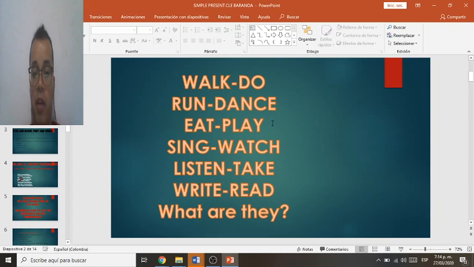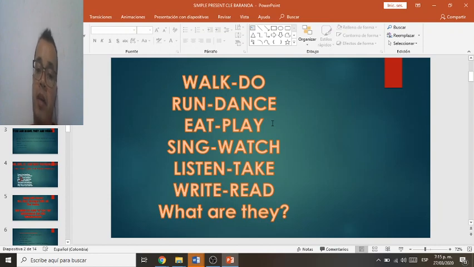What are they? Subjects, adjective? Yes, you're right. They are verbs. What is walk in Spanish? You don't know? You need to get into your dictionary. But I'm gonna help you with walk. Caminar.